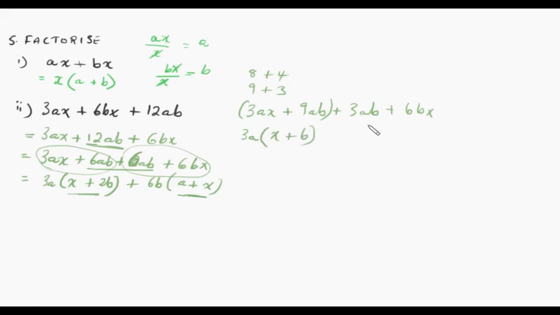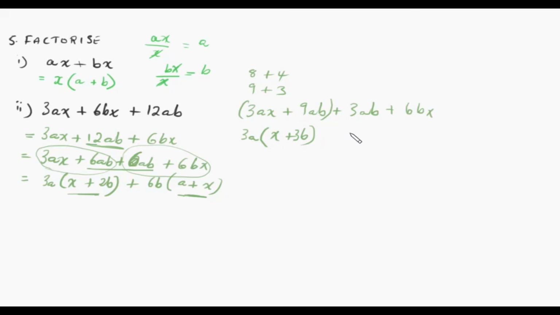Okay? What about here? Here we would have 3a as a common factor out, and then here we'd have 3b. Yes, it's 3b here.